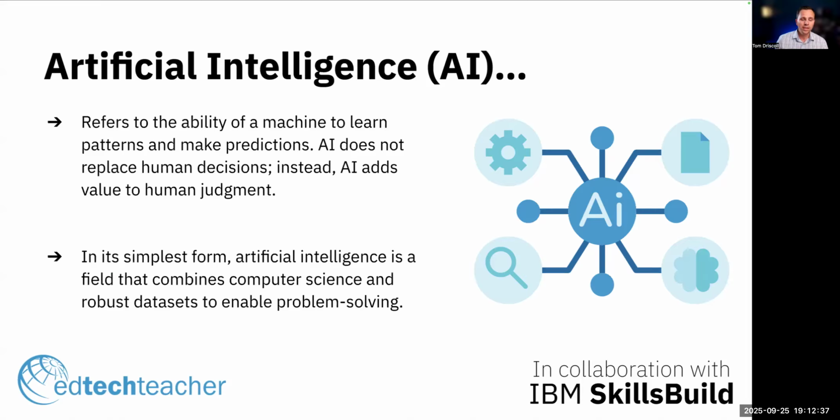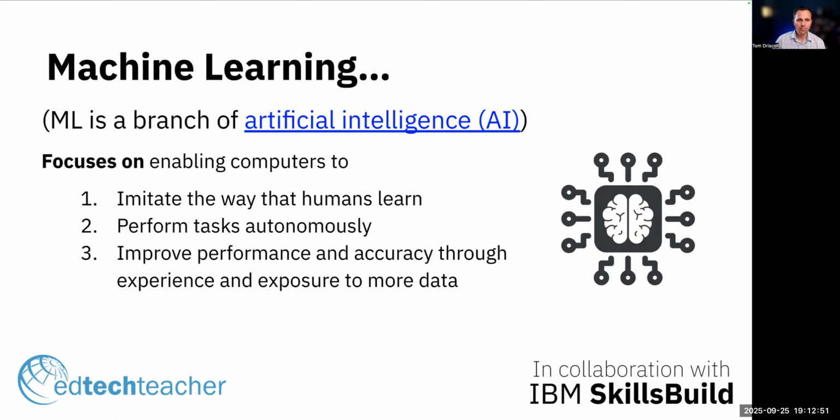In its simplest form, it's a field that combines computer science and robust data sets to solve problems, right? So that's more of the scientific version of it. But again, AI is a field that combines computer science, data sets to solve problems. So one of the topics you're going to come across when you start to study AI is machine learning.